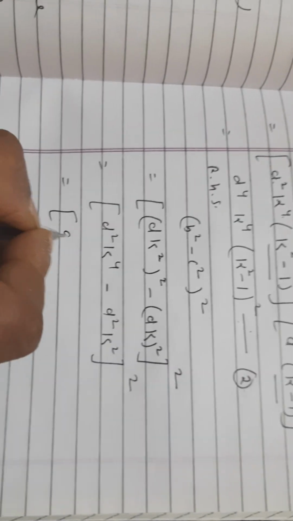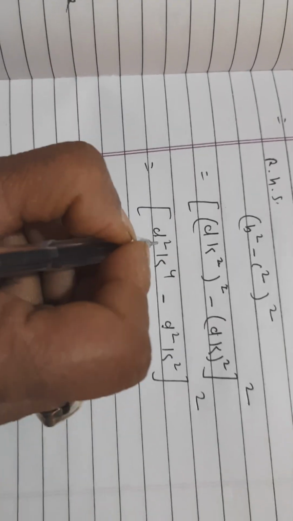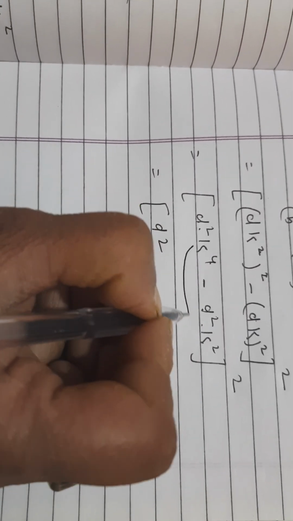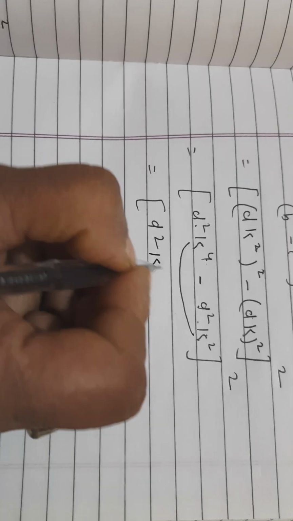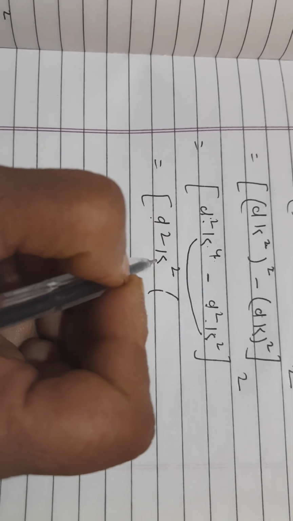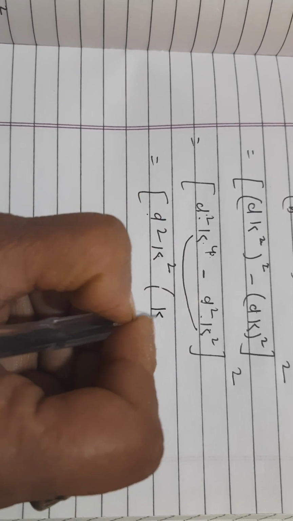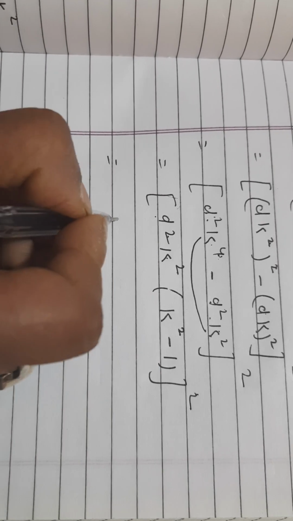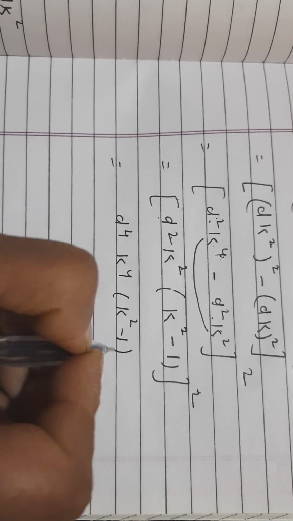Take out d² as a common factor, and k⁴ and k²; you remember one thing, you always take out the least power, that is k². Inside the bracket you will get k⁴ divided by k², that is k², and minus 1, whole squared. Now removing this bracket, d⁴, k⁴ and (k² − 1)². Let this be equation number 3.